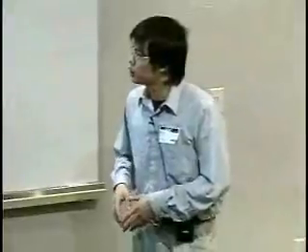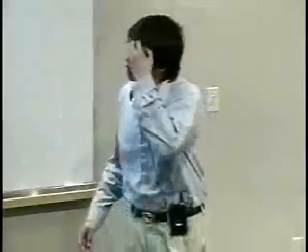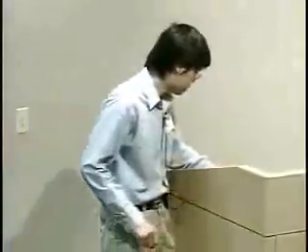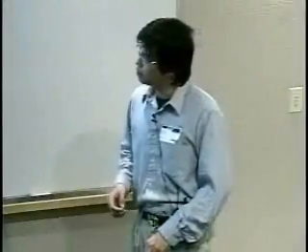Transplantable components pertain specifically to processor models, which I've shown in blue. They have the ability to be reassigned during dynamic runtime between hardware and software. The way this works is that imagine on the FPGA host I have a processor model, but it's not complete.